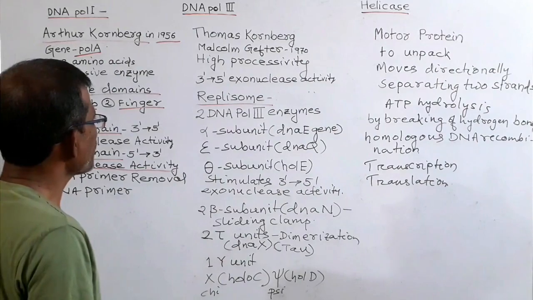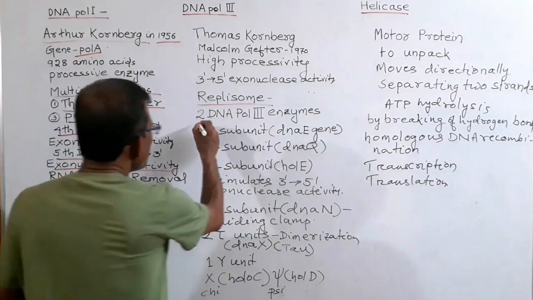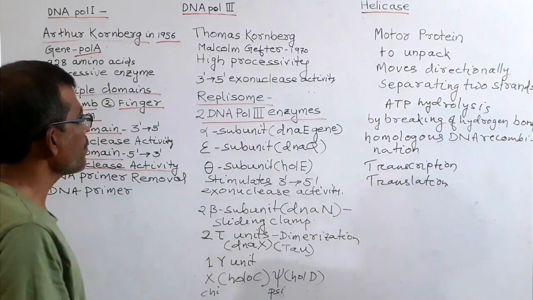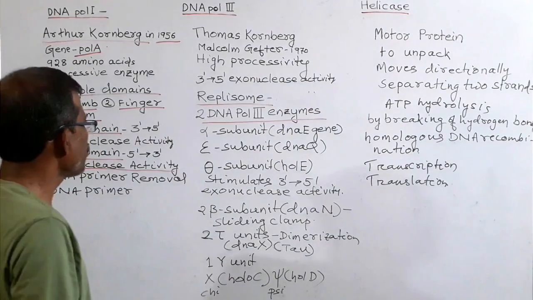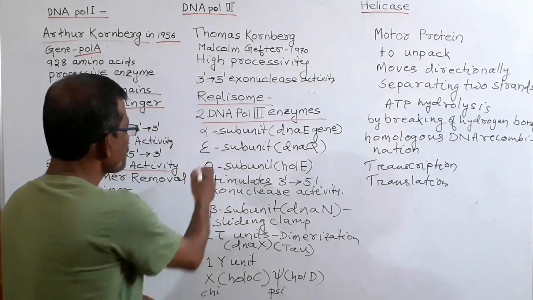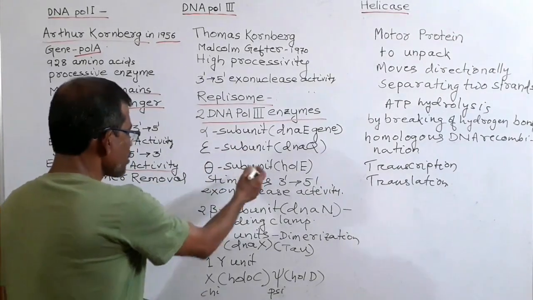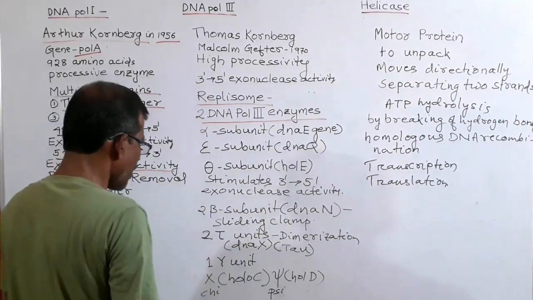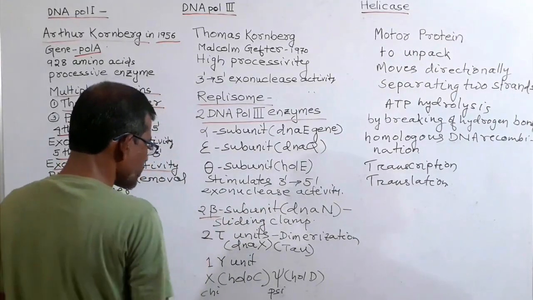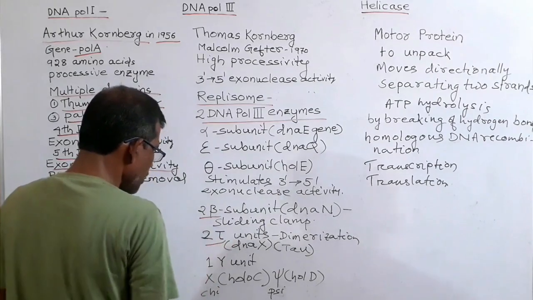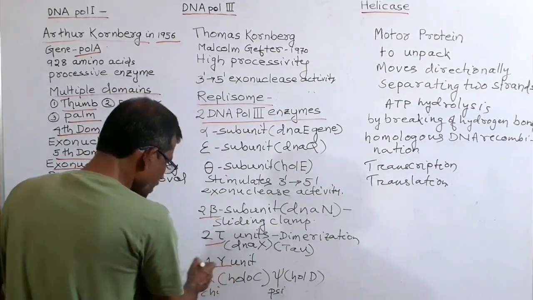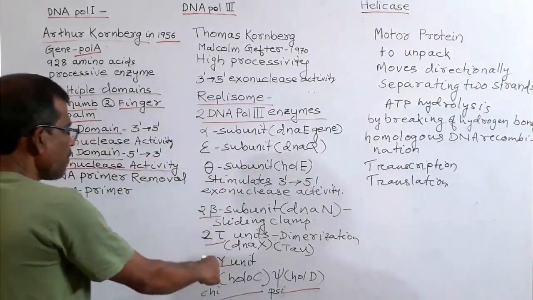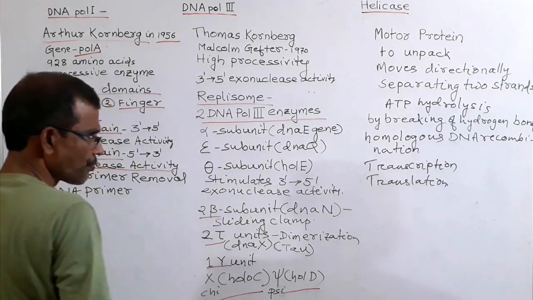So the replisome consists of two DNA polymerase 3 enzymes. Each DNA polymerase 3 enzyme contains one alpha subunit, epsilon subunit and theta subunit. In addition to these three subunits, other subunits are two beta subunits, two tau subunits, one gamma subunit, and psi subunit. These are the various subunits that are present in the replisome.